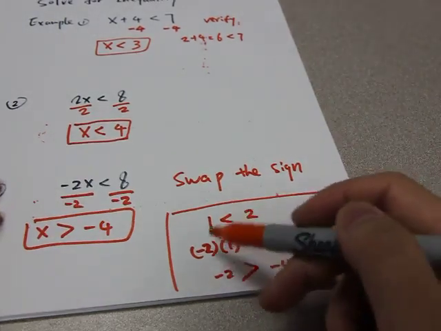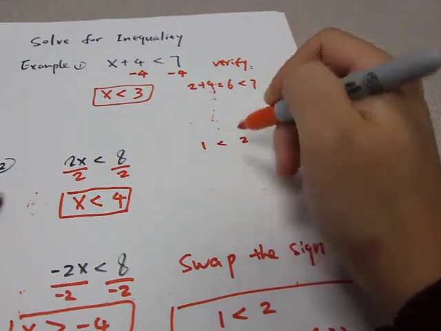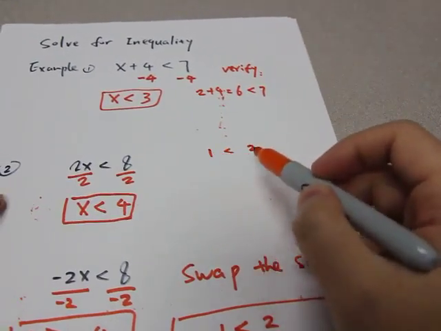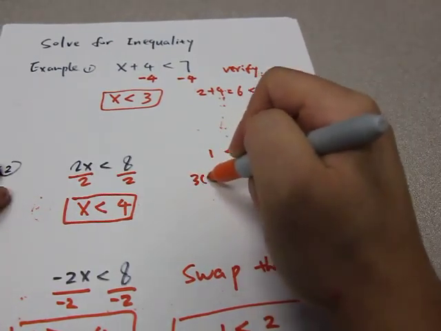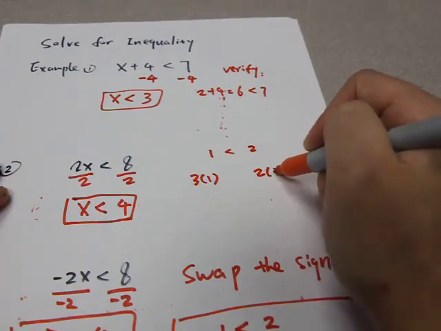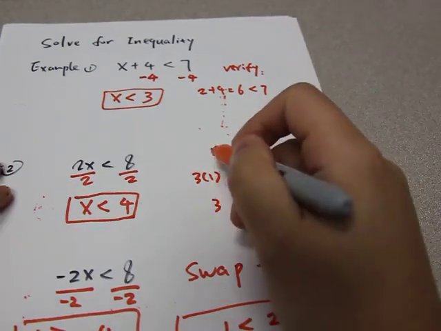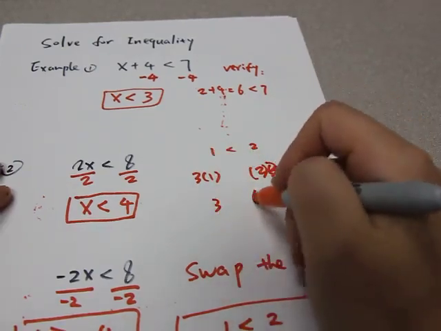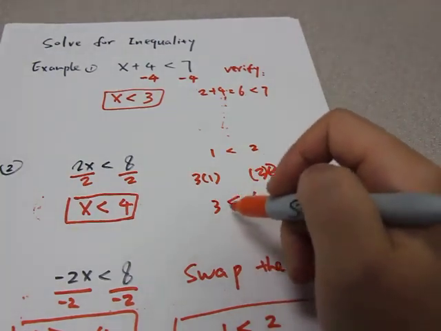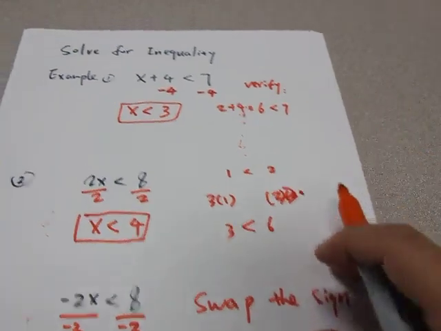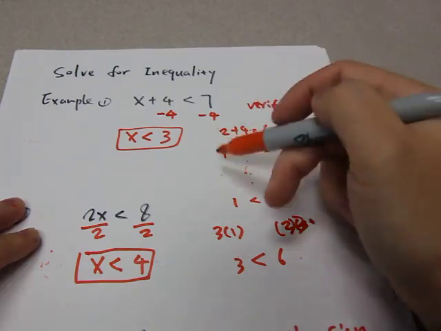And we don't need to worry about this if the number is positive. For example, if I still use 1 less than 2 and multiply by positive 3, this becomes 3 and this becomes 6. Now 3 is still less than 6, so the relationship doesn't change. Similarly, this is true when you add or subtract the same number.